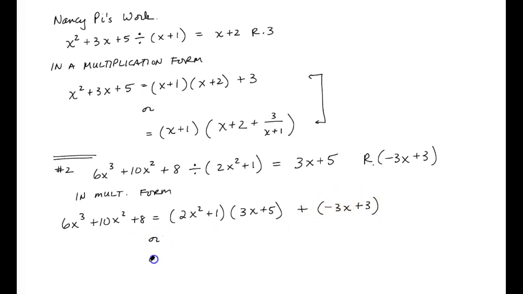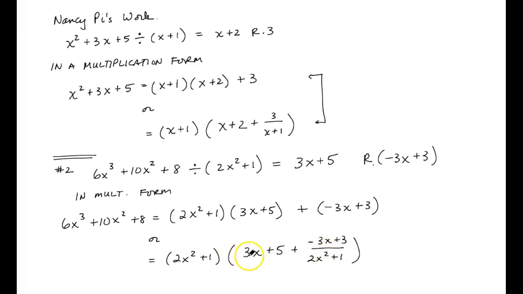Or we could write it as, there's the divisor, times 3x plus 5 plus minus 3x plus 3 divided by 2x squared plus 1. So this again would be equivalent.